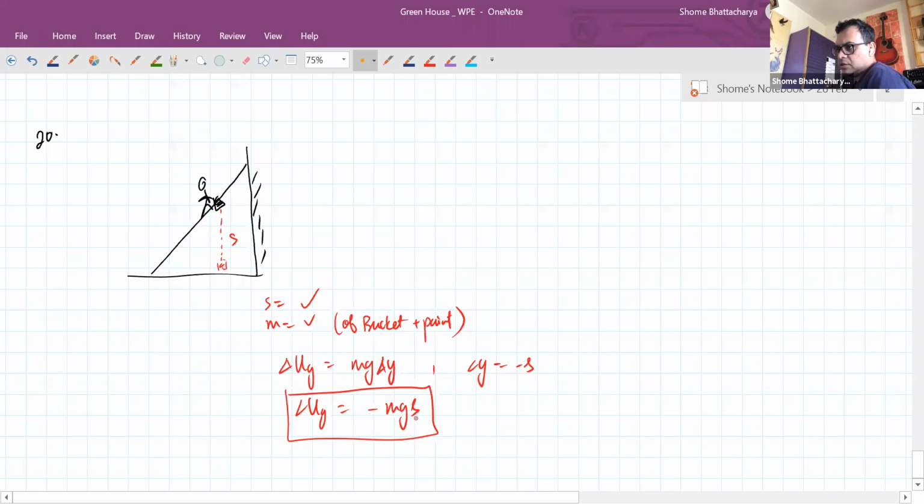This is 6 kg, s as 2 meters, and g as 9.8, and you will get the answer. Is the concept clear, beta? Take g as 9.8.